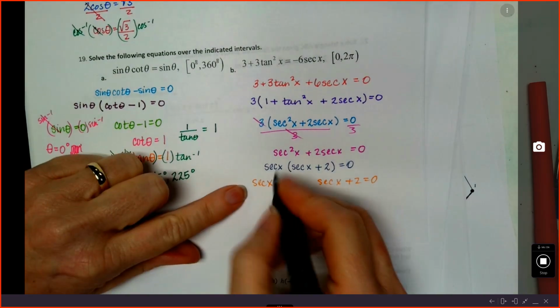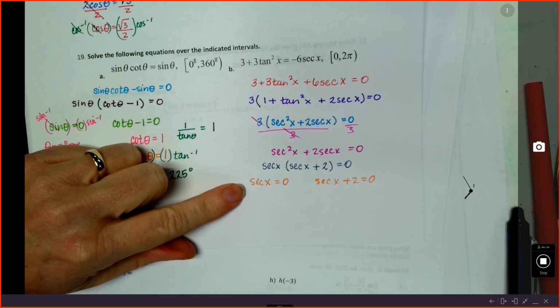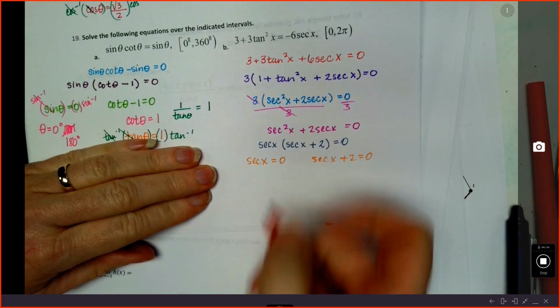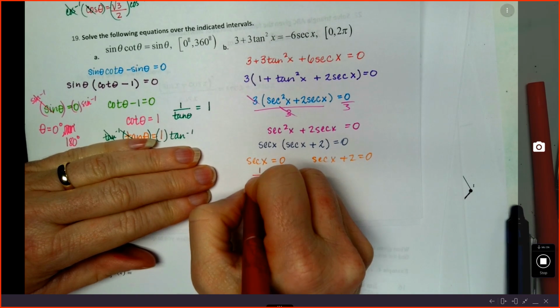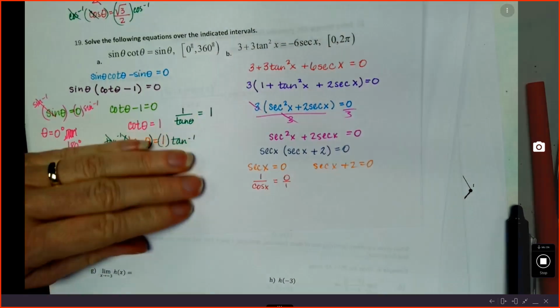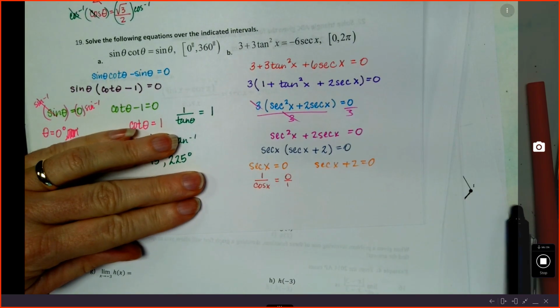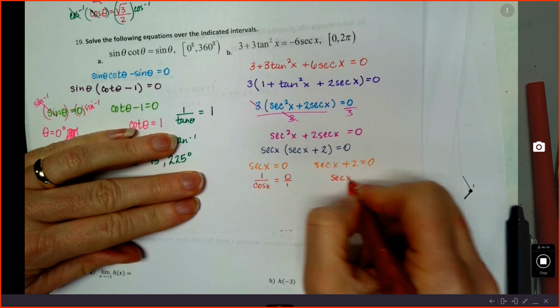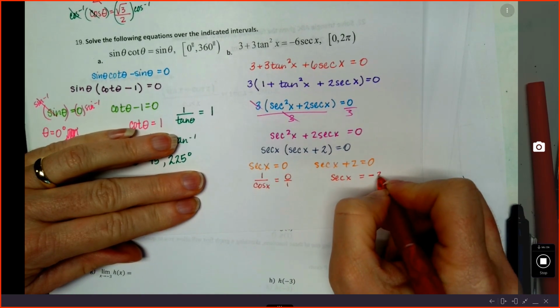Okay, so secant is the same thing as 1 over cosine, right? So this is 1 over cosine equals 0 over 1. Says undefined. And this is secant x equals negative 2.